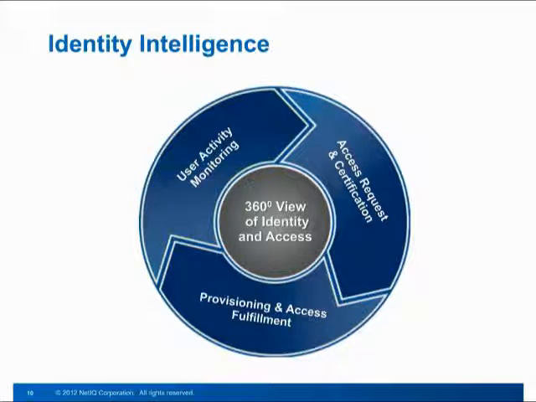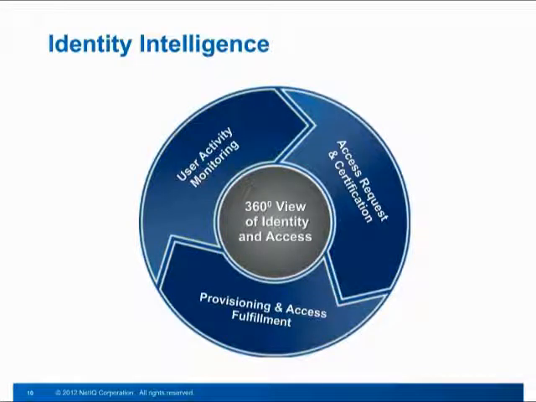More importantly, being able to look at anomalous user activities and find that, quote-unquote, needle in the haystack, so that when anomalous activities occur, either by one or more individuals, perhaps I can automate the process of recertification.